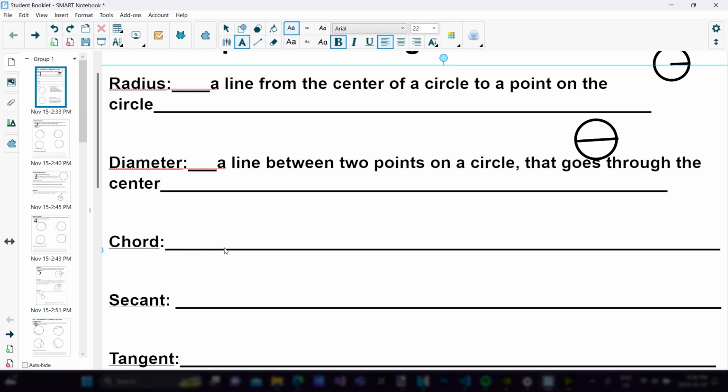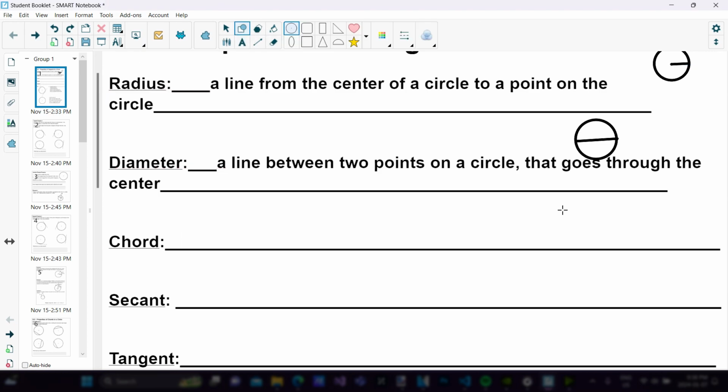A chord is pretty easy. A chord is kind of like the diameter, except it doesn't go right through the center of the circle. So if I draw a circle, a chord is any line that connects 2 points on the circle. So there's a chord because it goes from this point of the circle to that point.